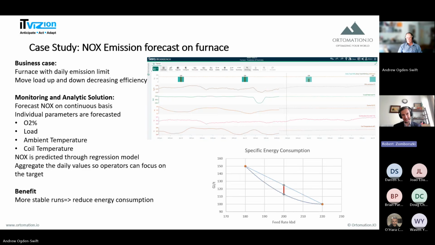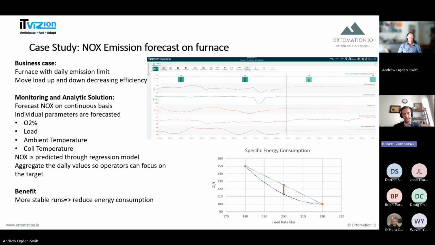The result was that they could set the optimal parameters at the beginning of the day. I don't know how they did it. It was their job. So they set the parameters so that they would match the target. And during the day, they could focus on this target and set the parameters in small steps. They were making only small changes.